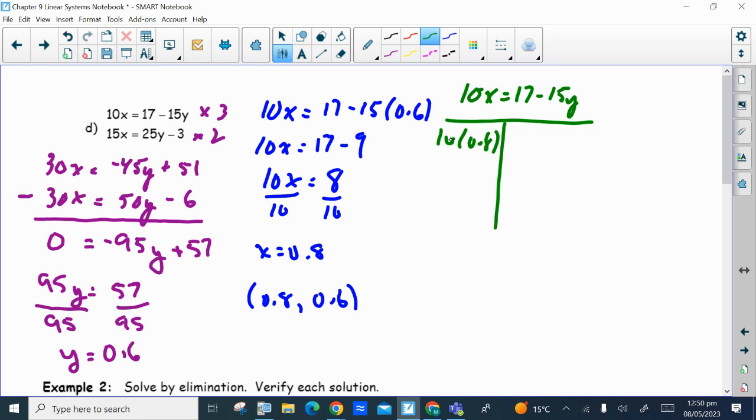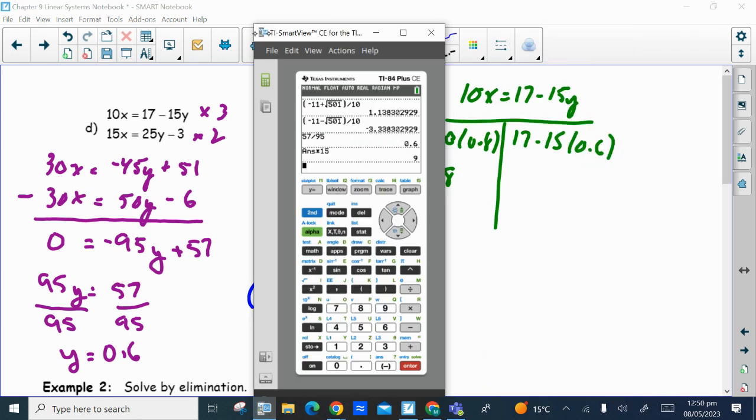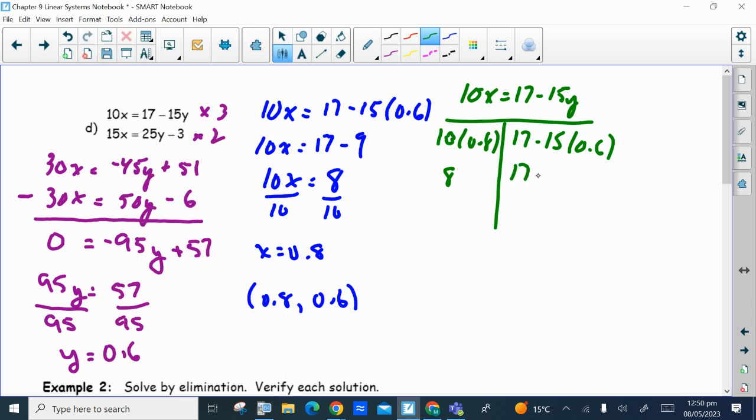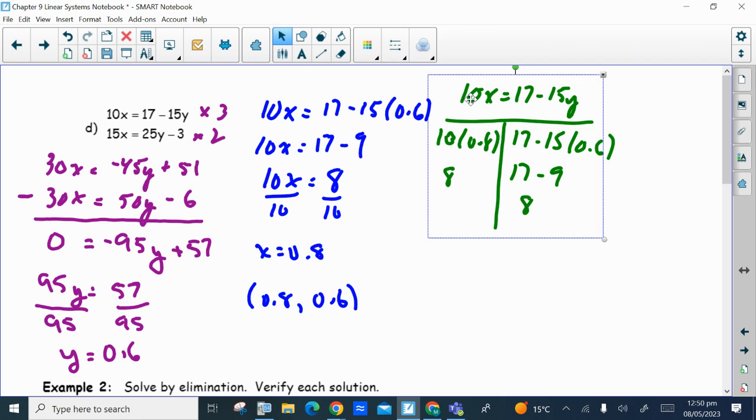When you multiply 10 by 0.8, you're going to get 8. So 15 times 0.6 is 9, and 17 take away 9 is 8. So it does work for the first equation.